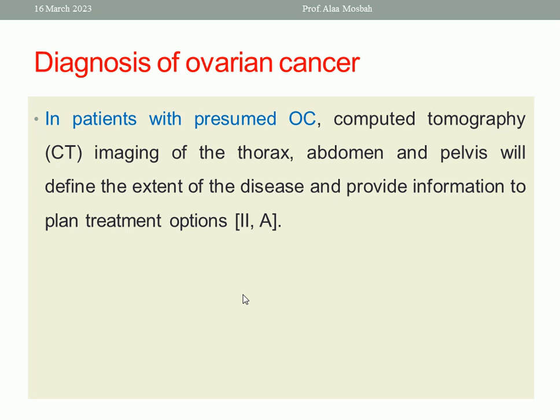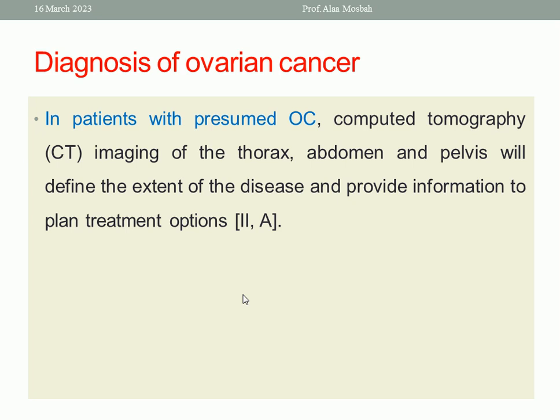With physical examination, you can detect many signs like pelvic abdominal mass or abdominal mass. There is ascites. The mass may be bilateral or unilateral. So you can diagnose the pelvic lesion or pelvic abdominal lesion by pelvic examination.